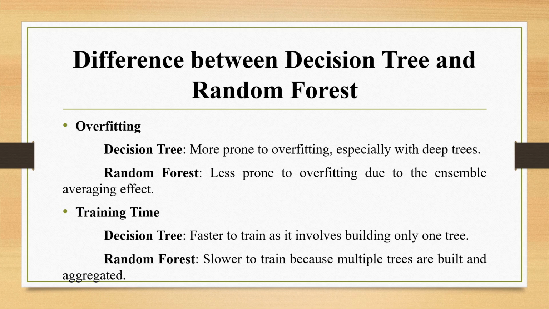A random forest is less prone to overfitting due to the ensemble averaging effect. Next is training time. A decision tree is faster to train as it involves building only one tree. A random forest is slower to train, as multiple trees are built and aggregated.